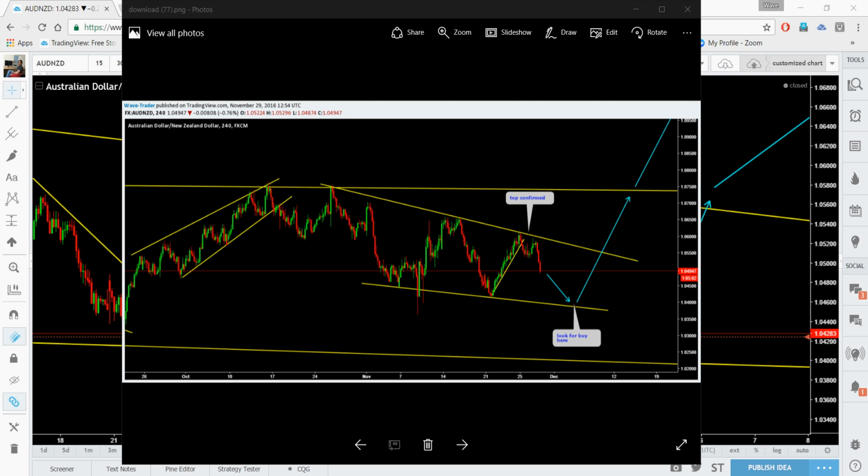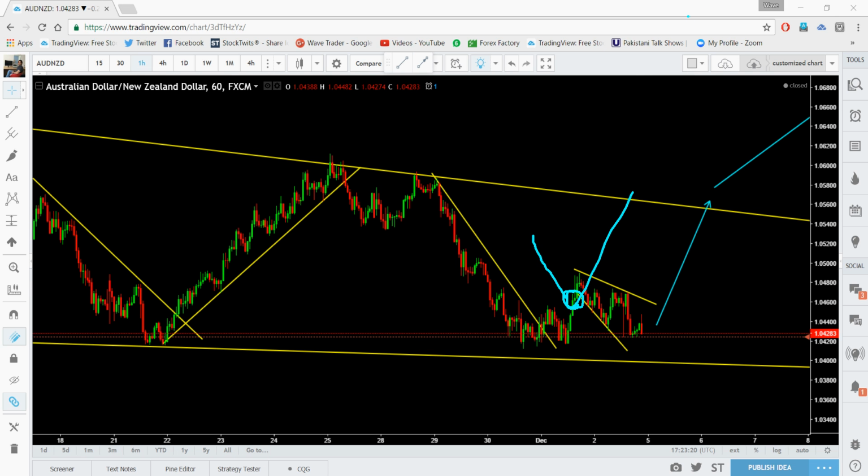This was the trade we took, and we were anticipating that price would rise to the upside. Everything is going according to the plan. The plan was that we would see an impulse, then a correction back, and then look for continuation to the upside.